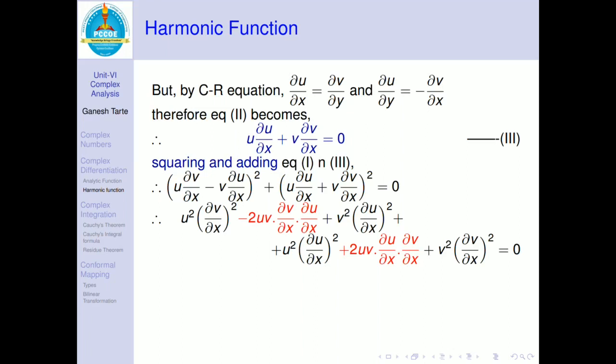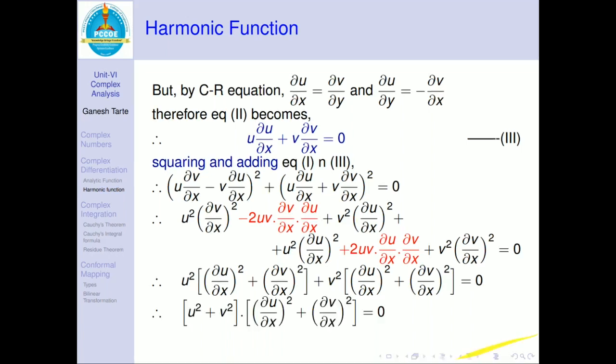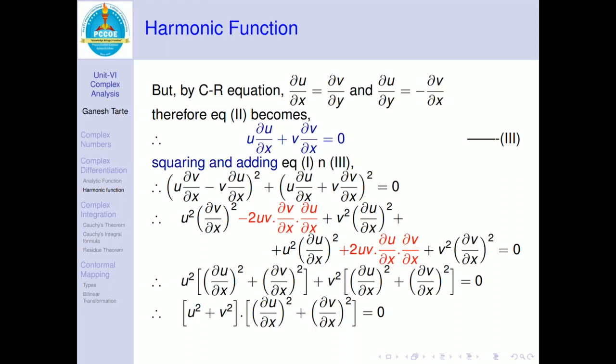Then same line again, the red color parts are the same with opposite sign, so they get cancelled, and from the remaining terms take u square common, we get (∂u/∂x)² plus (∂v/∂x)², and take v square common, we get (∂u/∂x)² plus (∂v/∂x)² equals to 0. So again the bracket is common from both terms, so take that bracket outside, so we get (u² plus v²) into that bracket is equal to 0.